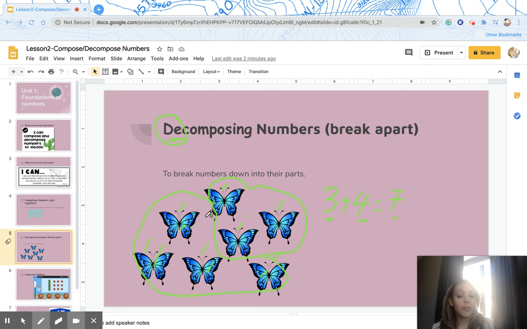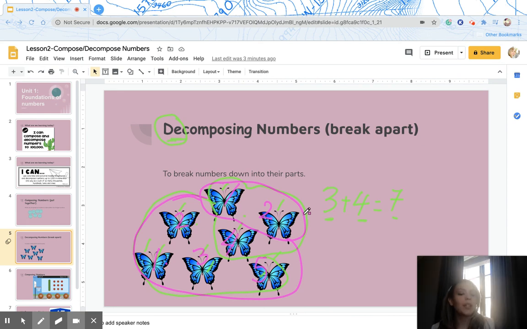Now, there are other ways that we can break up or decompose our group of butterflies. Here's a different way, and I'm going to make this in pink this time. Let's say that I want one group of 2 butterflies, 1 and 2, and the rest are going to form their own group. How many butterflies are going to be in my second group? I'm going to have 1, 2, 3, 4, and 5 butterflies in my other group.